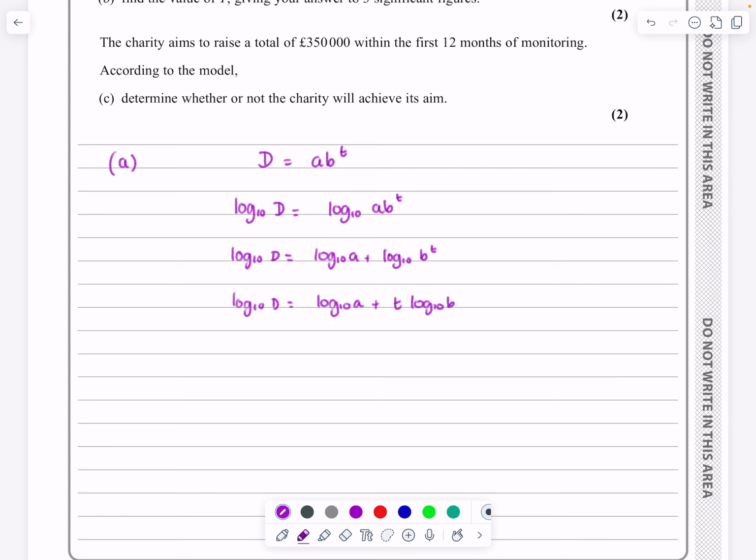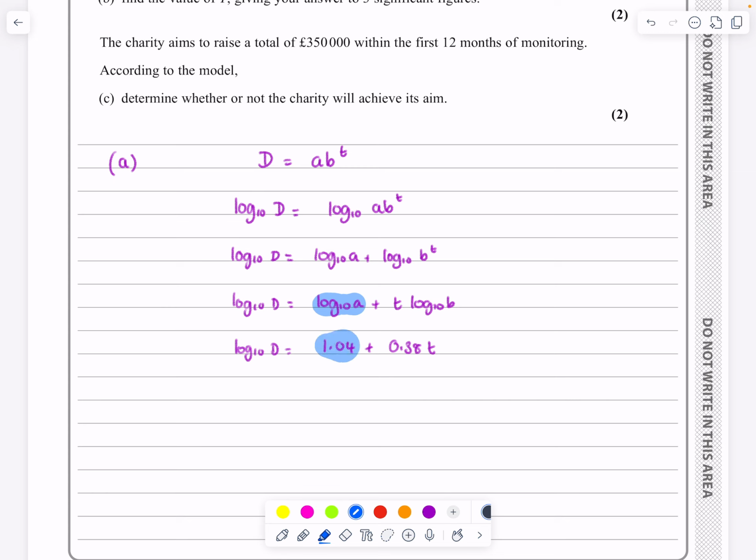And now let's just compare that with what we were given in the question, which was log 10D is equal to 1.04 plus 0.38t, and what that means is that straight away can be equated to that.